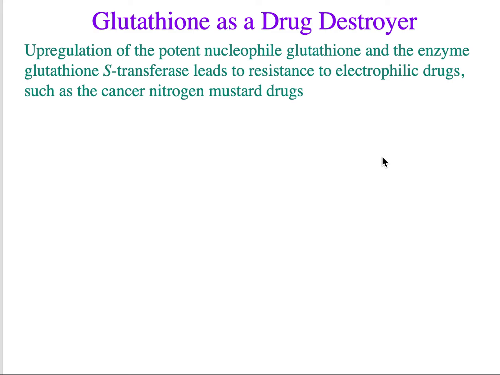It's important to helping your cell do a lot of different chemistry and control disulfide bonds, etc. So your cell makes this anyway. So all it has to do is upregulate how much it makes, and it can get rid of some of these electrophilic drugs, for example, those nitrogen mustards, which we said were really common anti-cancer drugs. And I'll explain how that works in the supplementary slide on the next slide here.